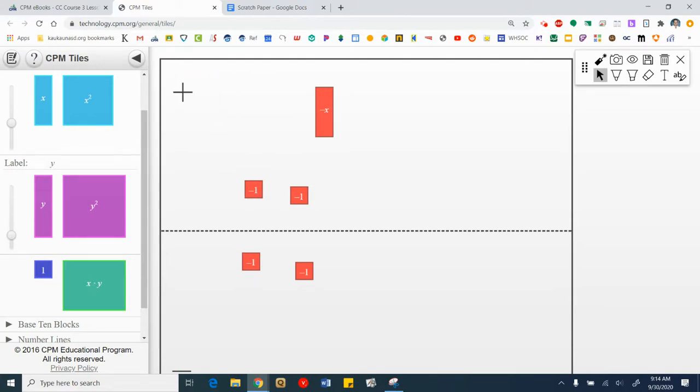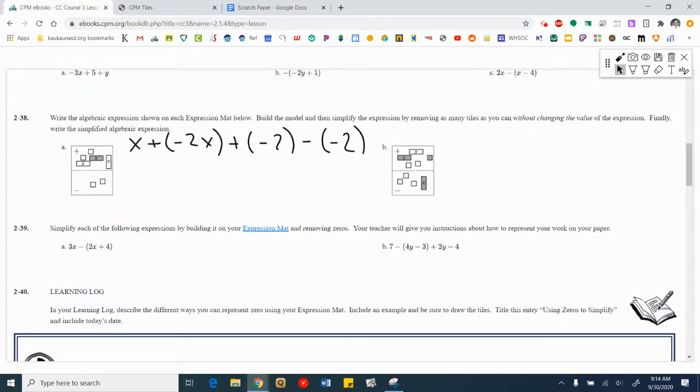Let's look at the plus and minus regions. If I add a negative 2 and then I take away a negative 2, those will cancel out. All right, what is left over? Plus a negative x or a negative x. So my simplified answer, negative x.